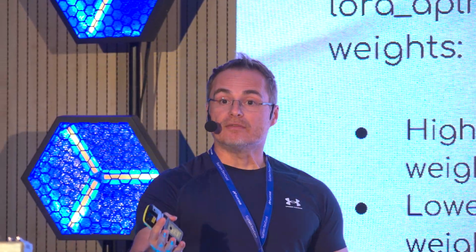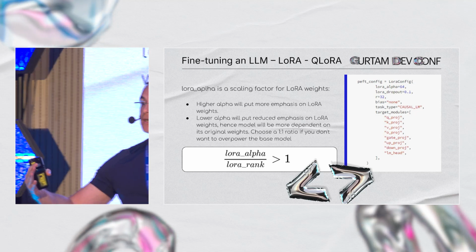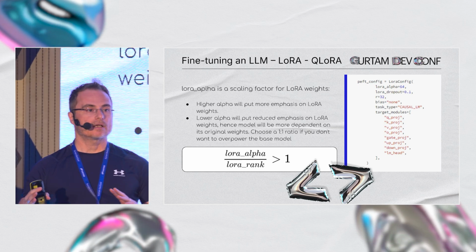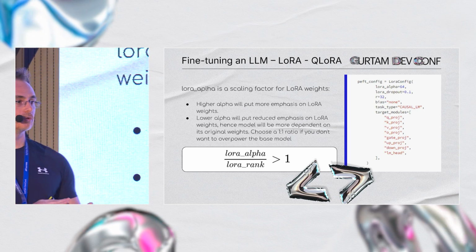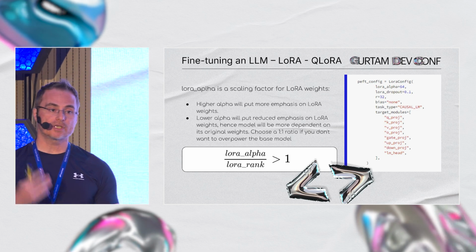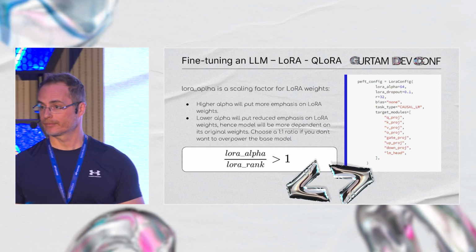Again, you can believe that the higher this parameter is, the better it is. It's not true. For natural language processing, I suggest you do not exceed a ratio of 2, and for image generation, no more than a ratio of 1.5.